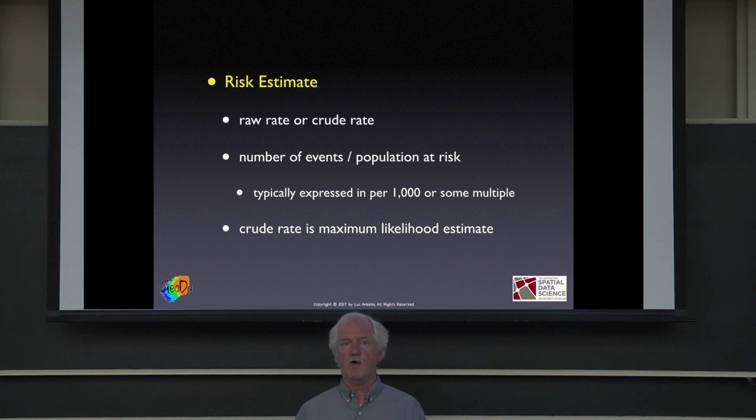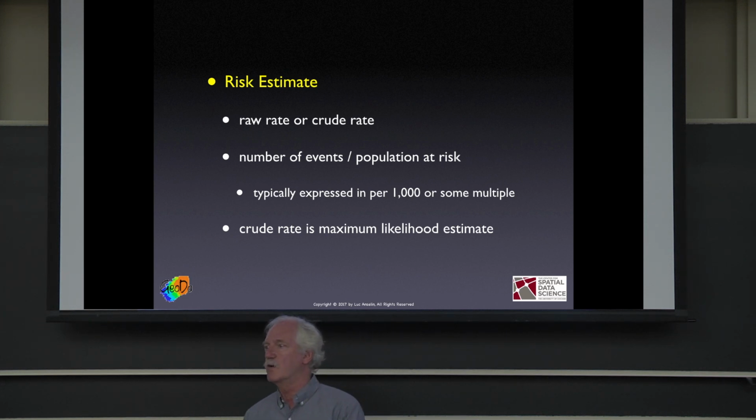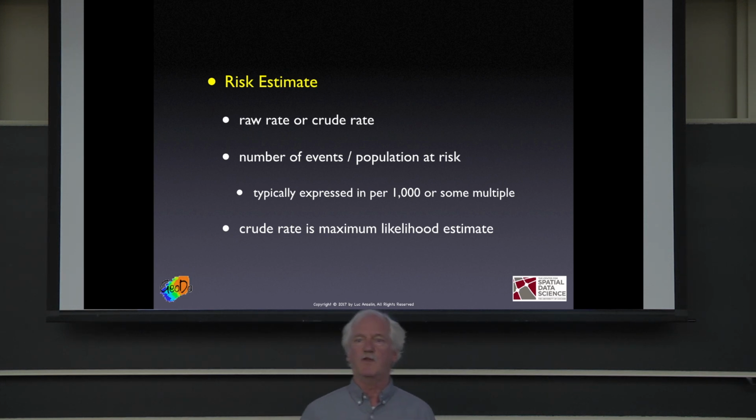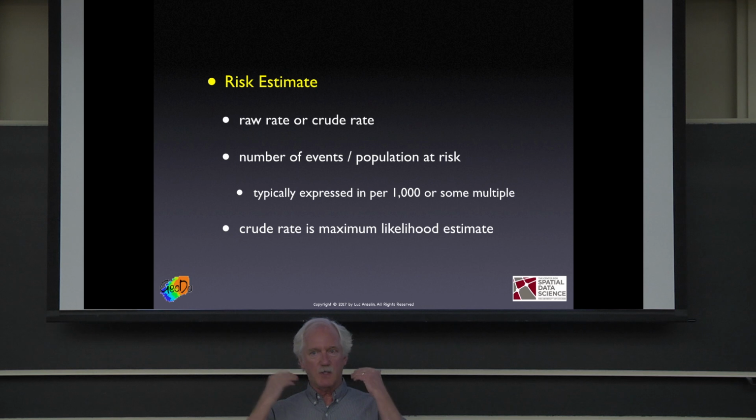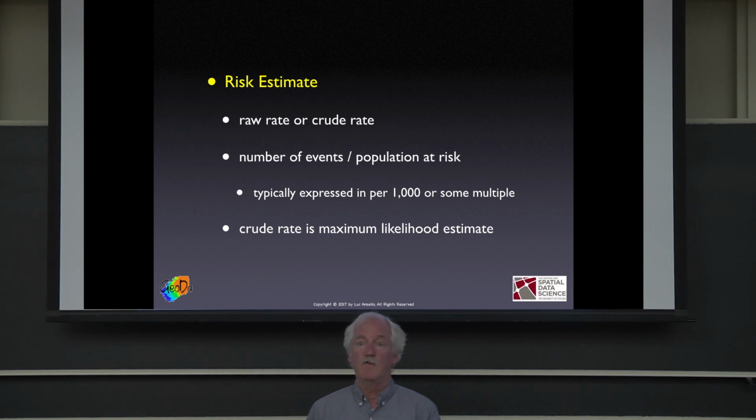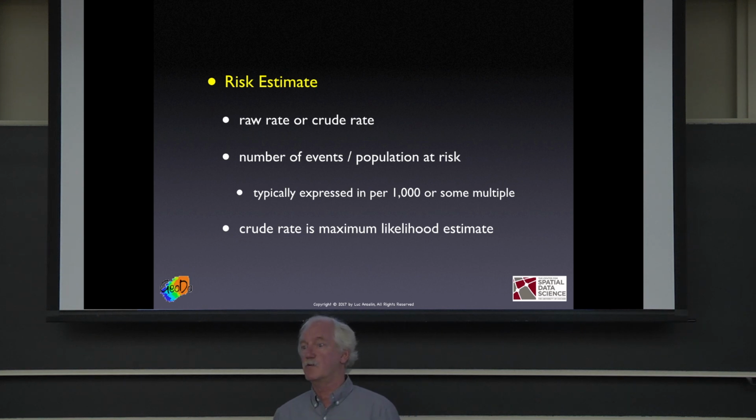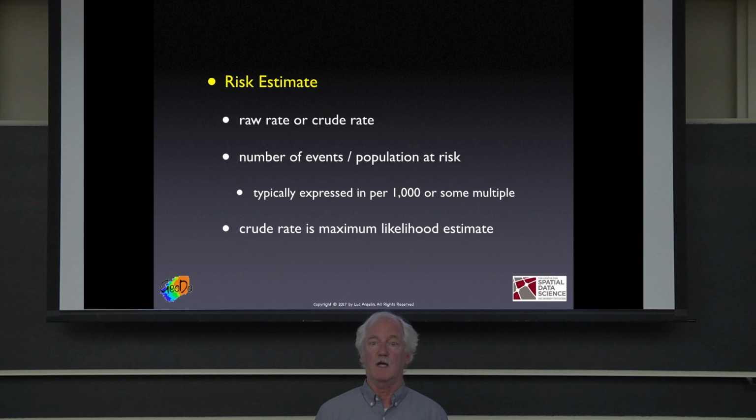Conceptually, it's straightforward. In practice, not necessarily. In practice, you really have to think, and it matters, because your estimate of the risk depends on both parts: the numerator, the easy part, the events, but also the denominator, the population at risk. So if you underestimate the population at risk, you overestimate the risk, everything else being the same, and the other way around.